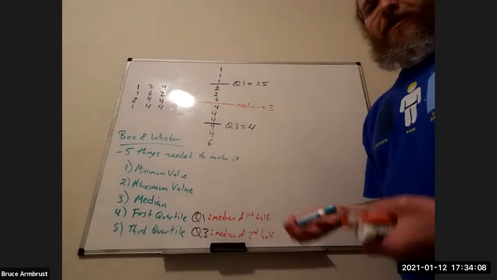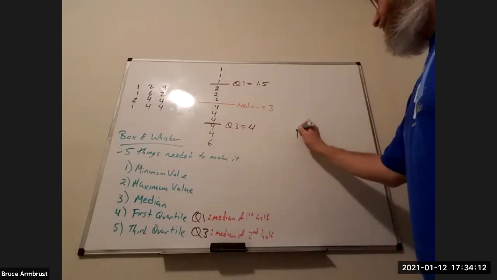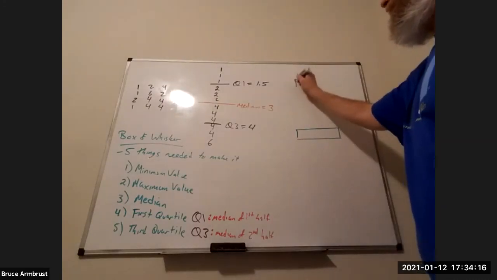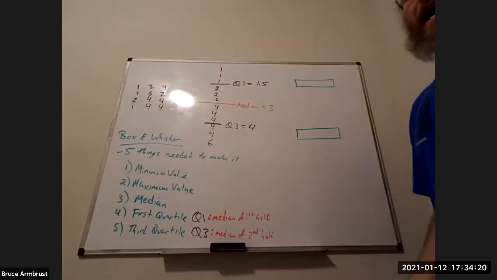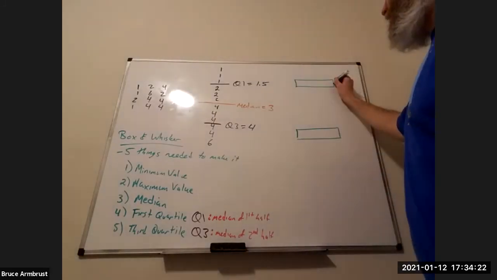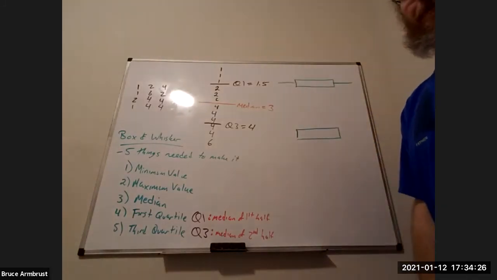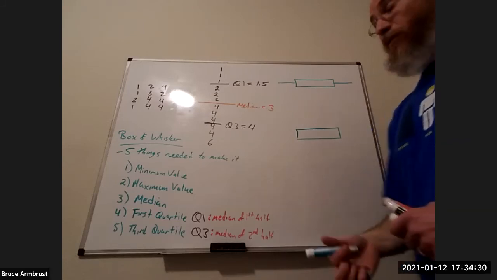You start with a box. And then you add to it whiskers. Okay, this is why it's called a box and whisker plot.